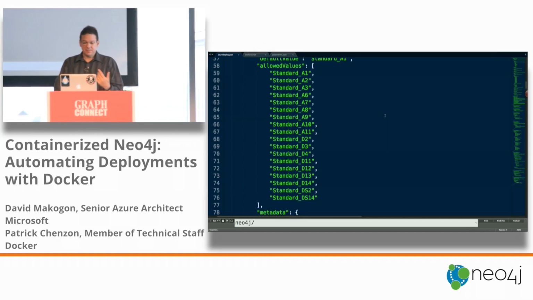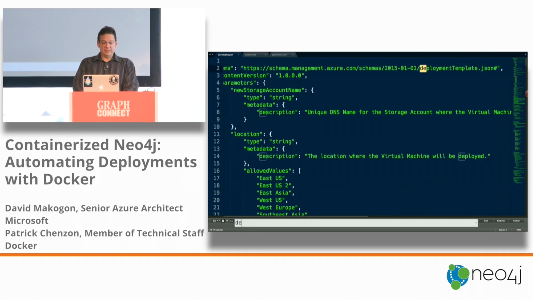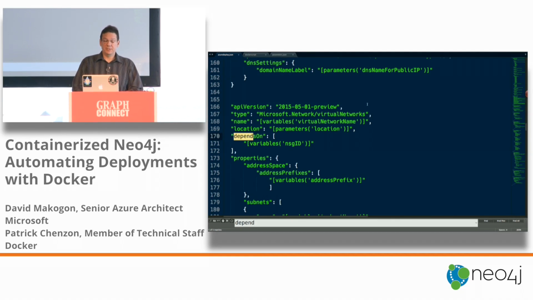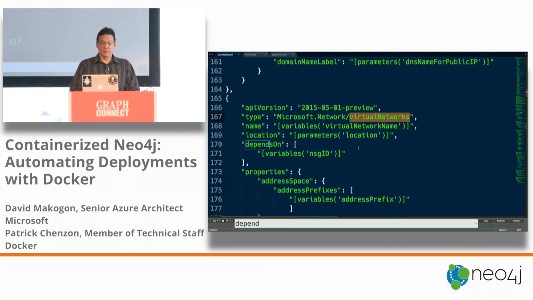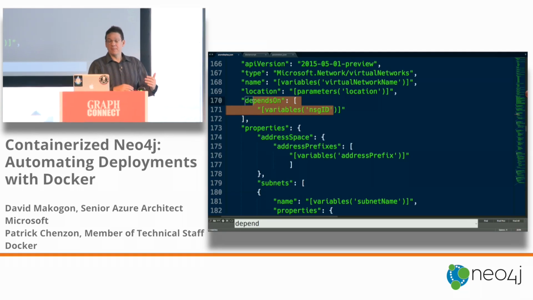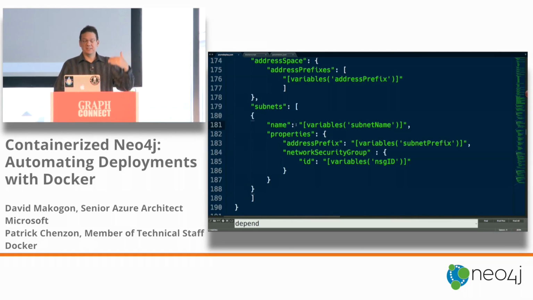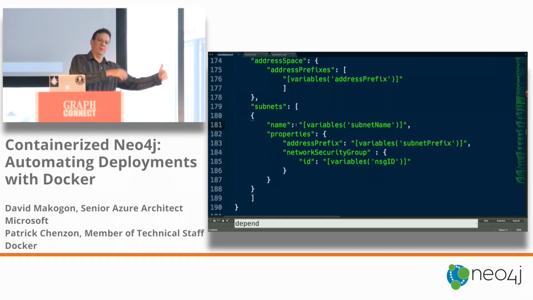But once you have all these parameters, then you'll start defining things like dependencies. So here's a particular virtual network, and my virtual network is dependent on my network security group. And that has subnets defined, so maybe 10.1.1 something.